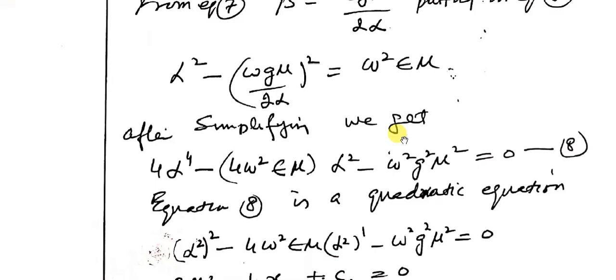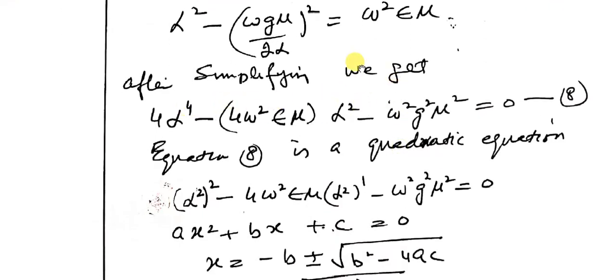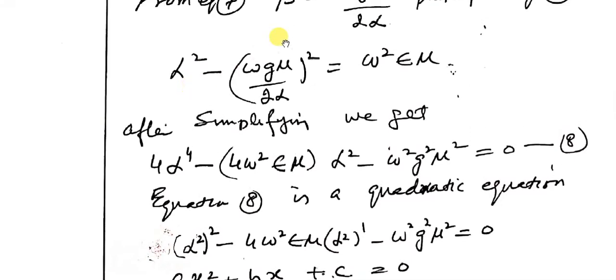Now after simplifying the equation, opening this term as well, we get 4 alpha square, and this 4 alpha square multiplied with alpha square is 4 alpha to the power 4, and so on, minus the omega square term. Rearranging the things together, we get equation number 8.